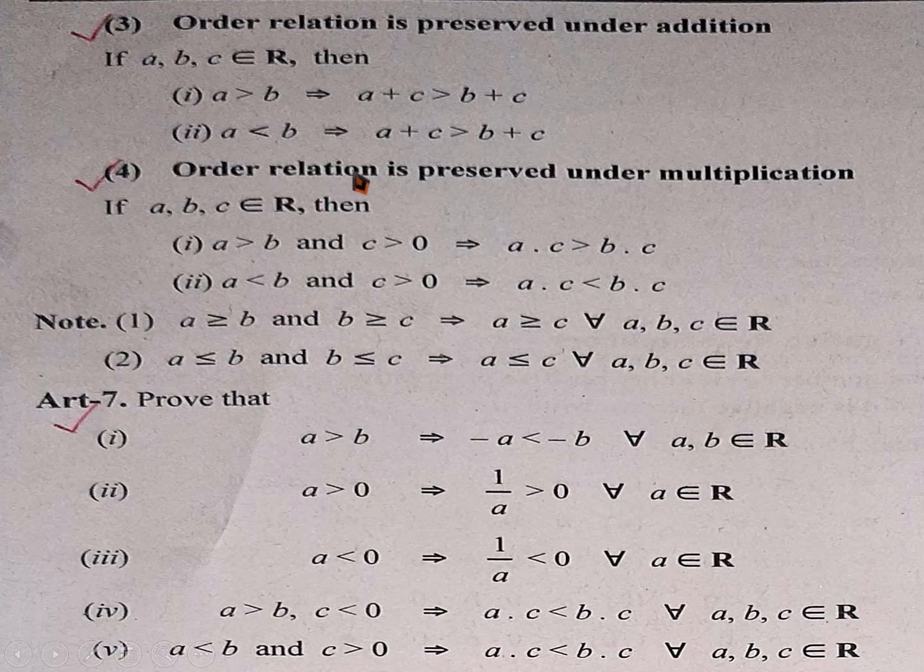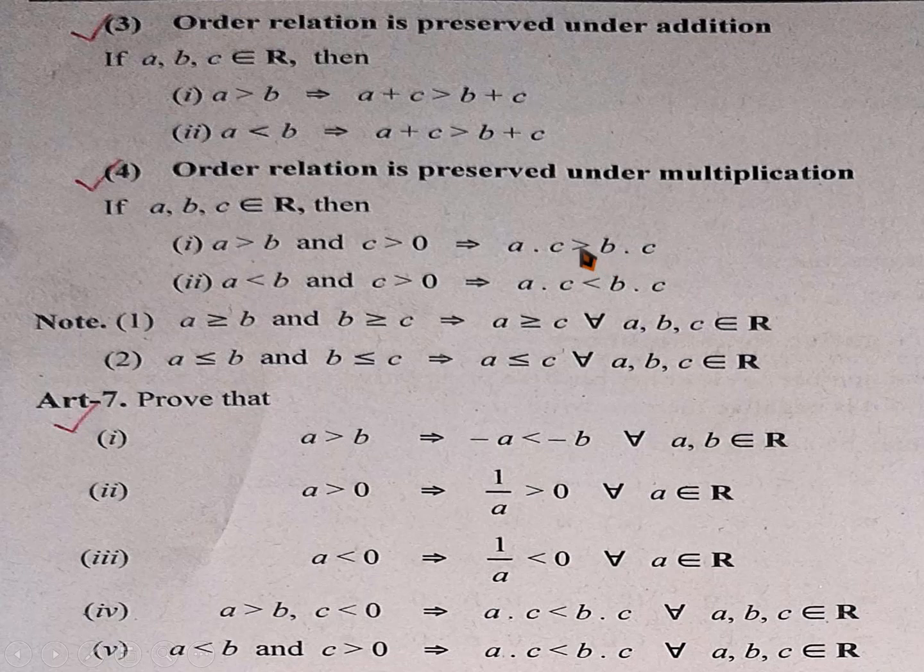Next is order relation is preserved under multiplication. A, b, c are real numbers. Then if a is greater than b and we multiply with a positive real number, the inequality sign will remain the same.